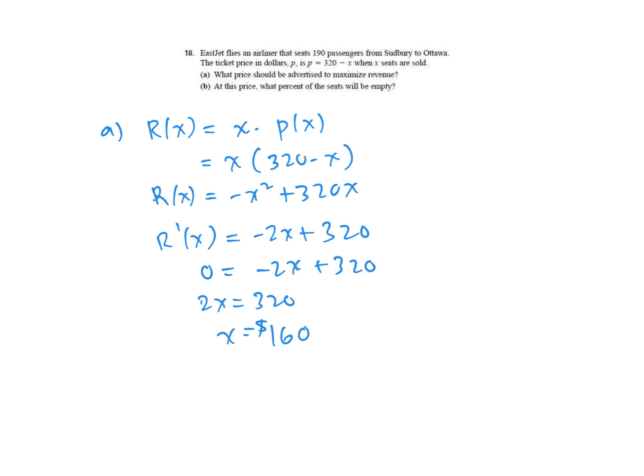Part B says at this price, what percent of seats would be empty. So we need to figure out at this price what number of seats would be sold. So I'm going to use my maximum revenue function. I'm going to put in that price and solve for x. Oops.